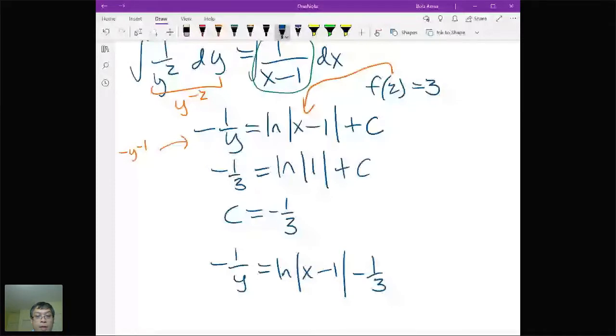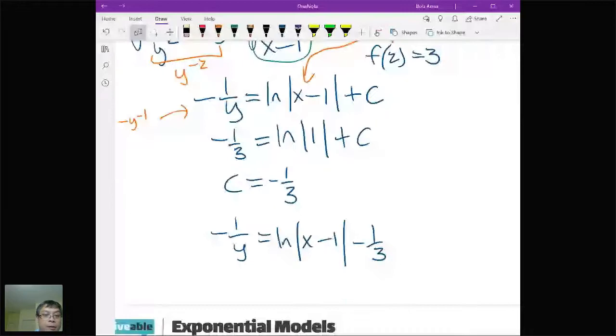And the thing that we need to ask here is whether there is a special thing that we need to do to isolate this as a function. It turns out in this case that we really don't have to, thankfully, because we can just take the reciprocal of both sides.